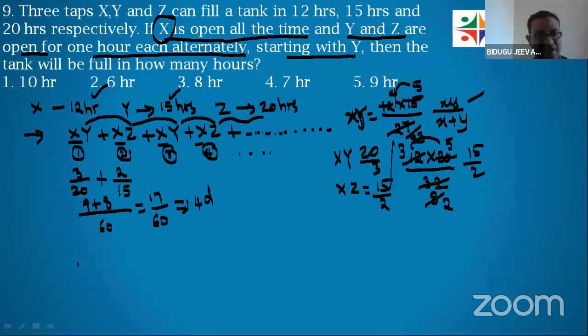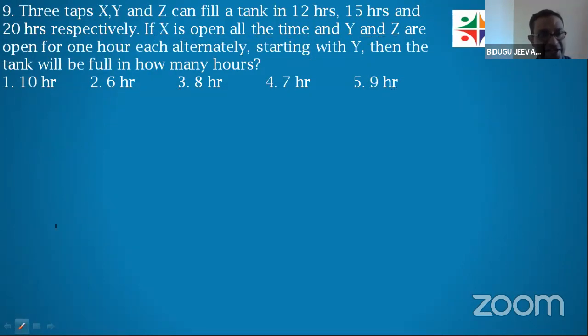Okay. I hope you people are following, right? Let me write once again. X capacity is given as 12 hours, Y capacity is 15 hours, and Z is 20 hours.